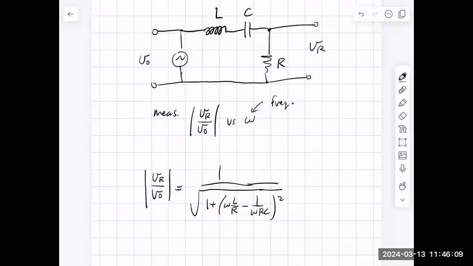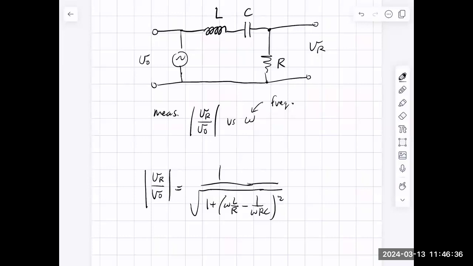There's not really anything we can do to linearize this, right? I could square everything. I could get rid of the square roots. But then I still have 1 over 1 plus something complicated. I could square everything and then take the inverse, so I would have V naught over VR squared is equal to 1 plus this stuff.